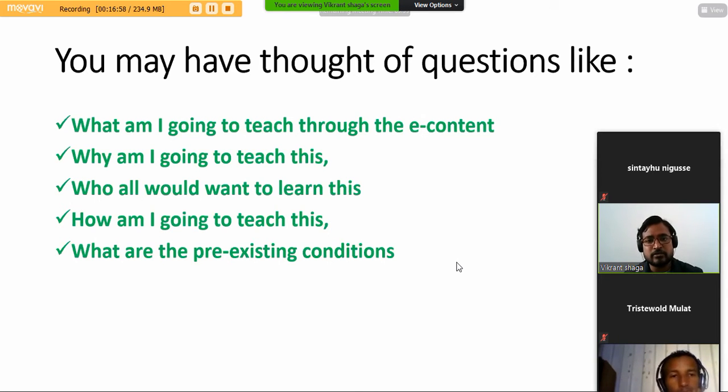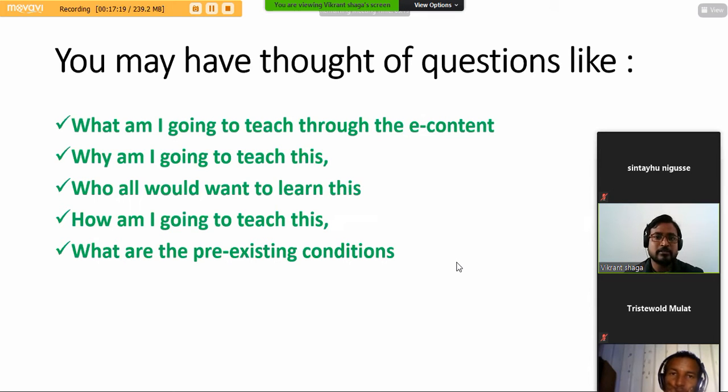When you design your course in a structured way in the e-learning format on platforms, this will help you prepare your contents in such a manner that learners will find it very interesting.